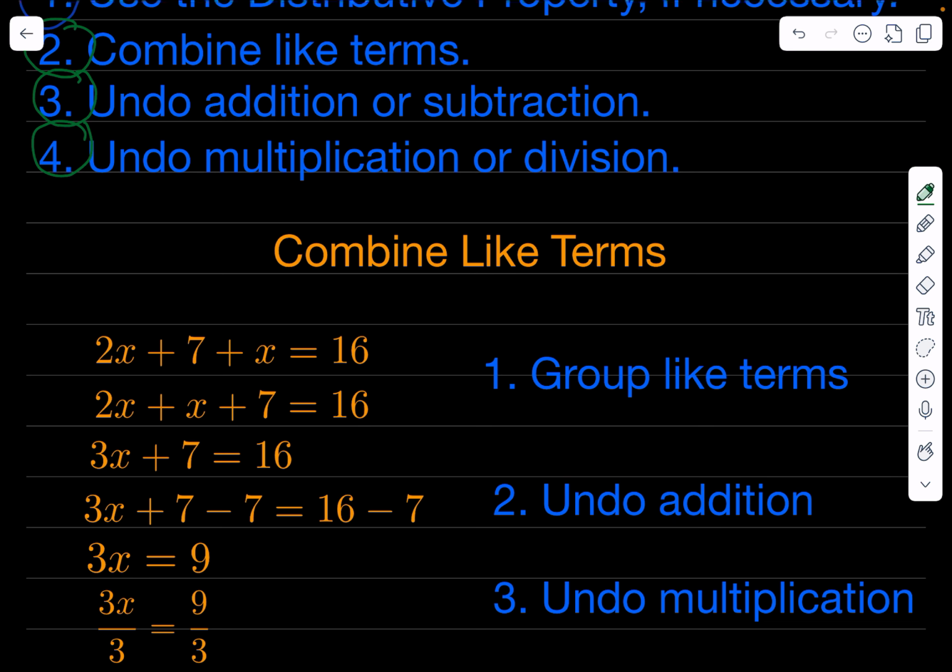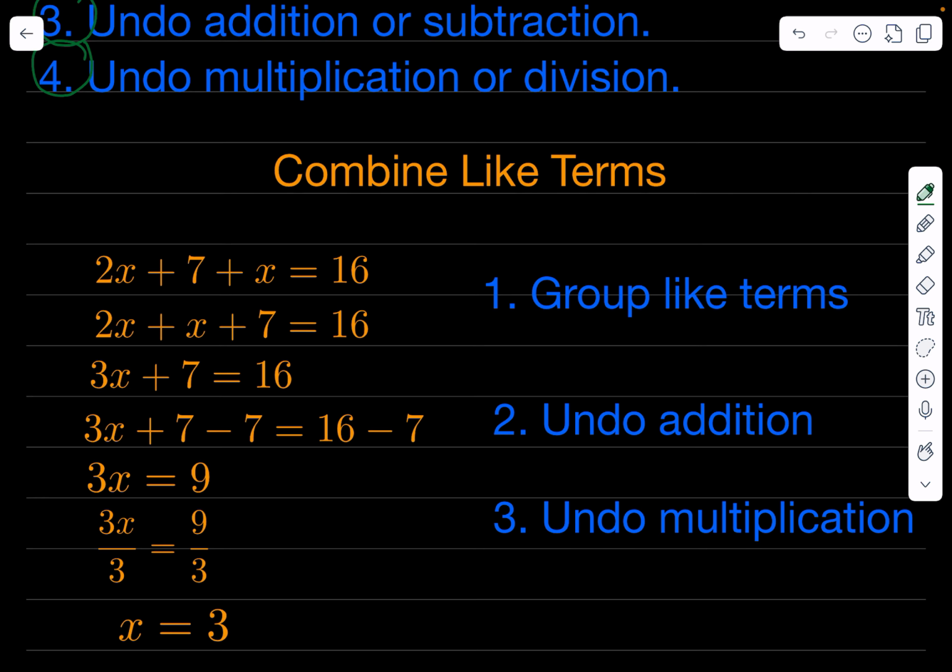So, let's jump into this. Our first problem, we've got 2x plus 7 plus x equals 16. We don't have parentheses, so we're not distributing, so we're going to group or combine like terms. 2x plus x is 3x.